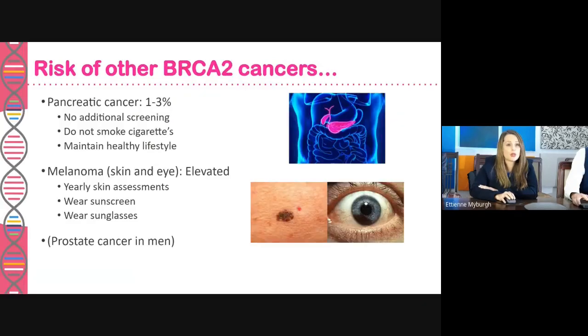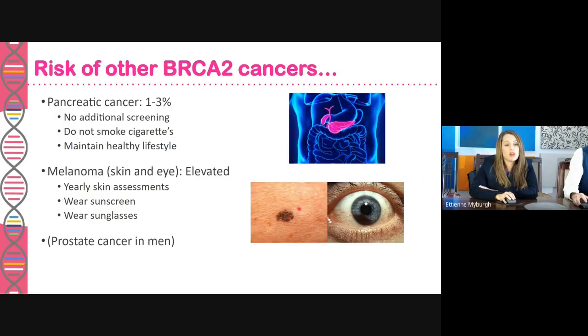Then, because she has a BRCA2 gene variant, there are other cancers associated with that as well. So I could say to her, listen, we've now spoken about the breast cancer risk, we've spoken about the ovarian cancer risk, but there's also a slight increased risk for pancreatic cancer of about 1 to 3%.